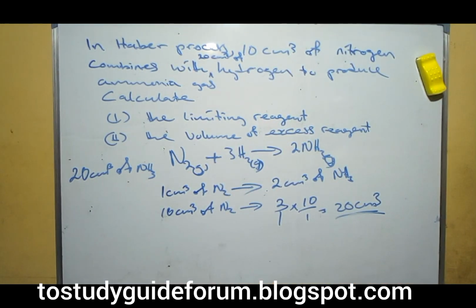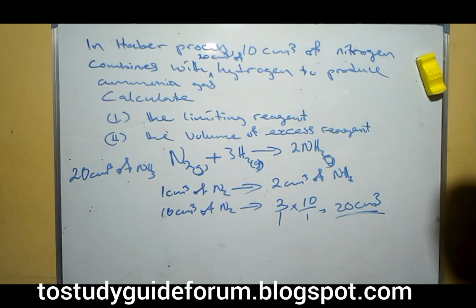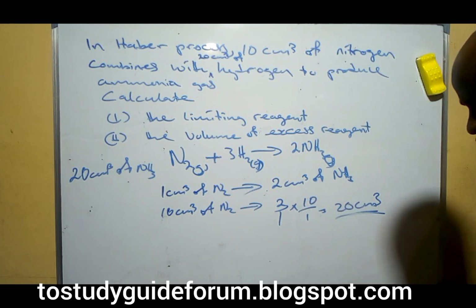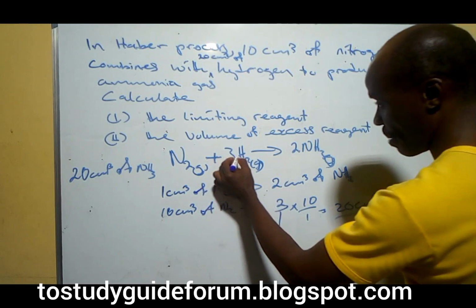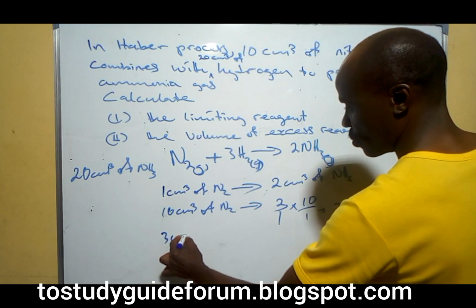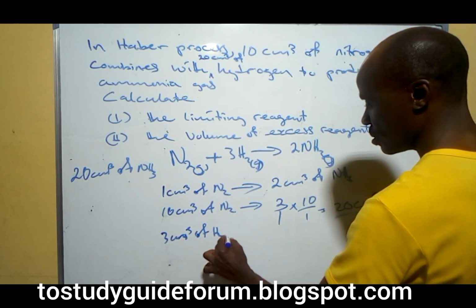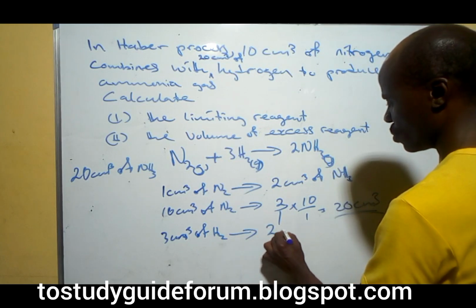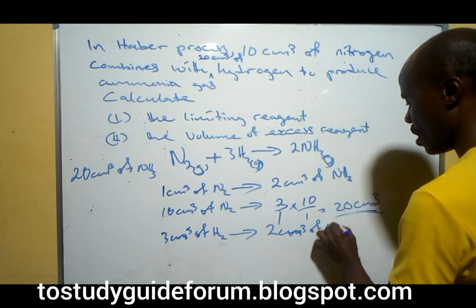Now we look at how much ammonia can be produced by the hydrogen. From the balanced chemical equation, 3 cm³ of hydrogen will give us 2 cm³ of ammonia.